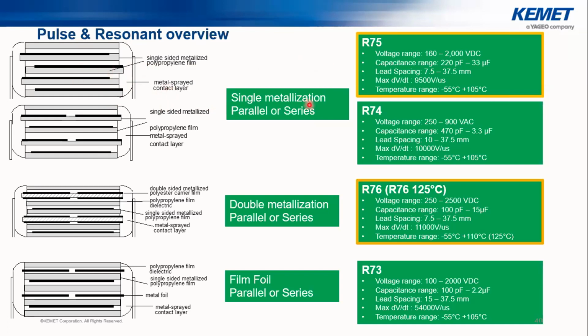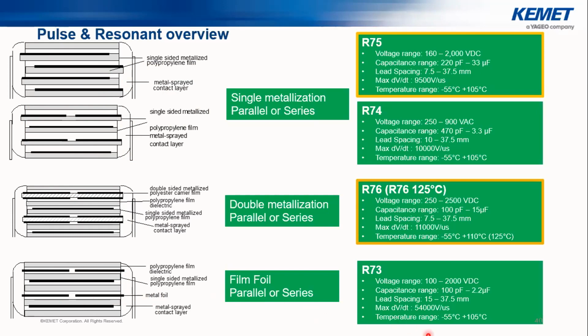We have either single metallization in parallel or in series, to reduce the electric field and increase the reliability when it comes to high voltages. When we demand a higher current, you have the double metallization designs in parallel or in series, as you can see here, or we have the film foil parallel or series, and in the film foil we use metal foil.